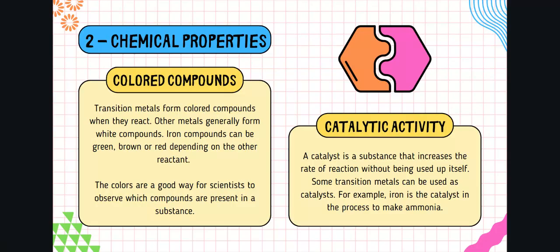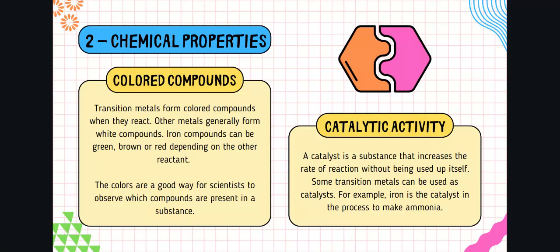Iron compounds can be green, brown, or red, depending on the other reactant. For example, when they react with chlorine, they're red. The colors are actually a good way for scientists to observe compounds that are present in a substance. Like if iron red is present in a substance, then the color of the iron would determine if it's in the substance or not.